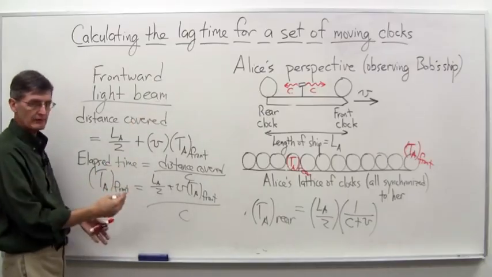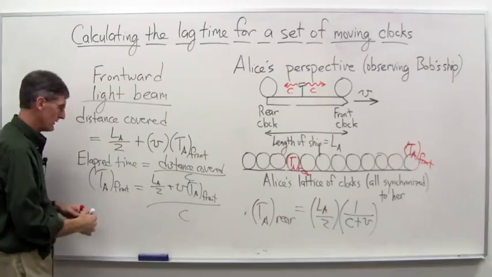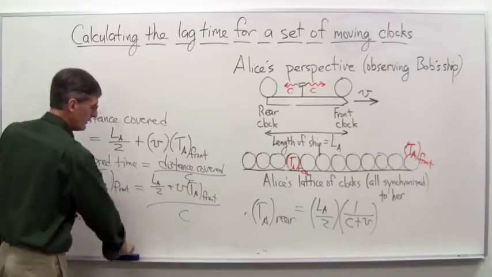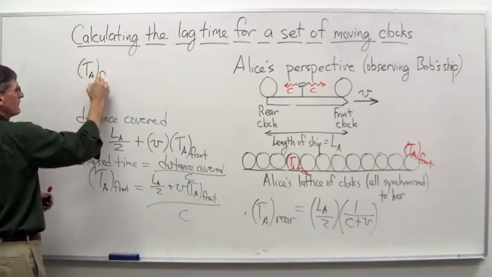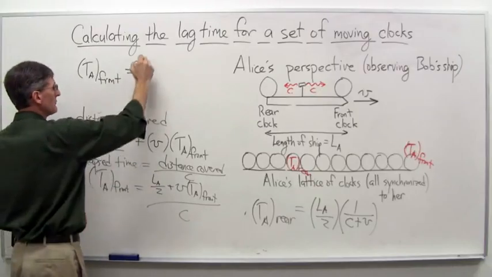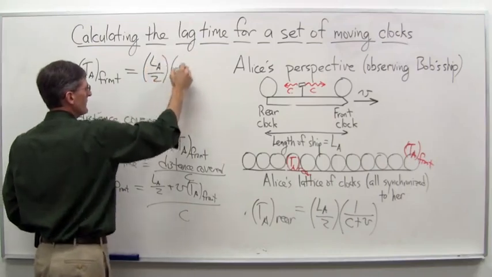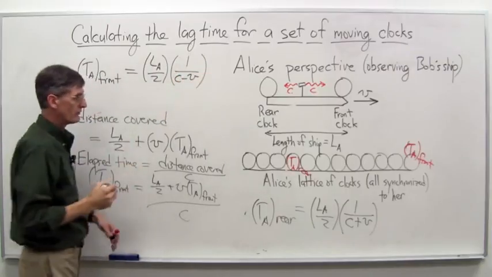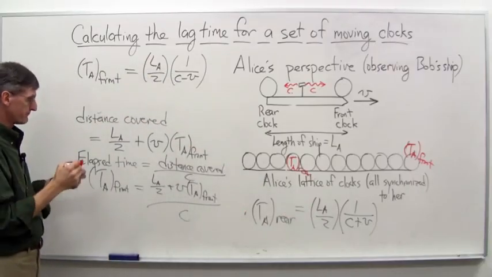And again, you manipulate a little bit, it doesn't take too much algebra, get the TAs on one side, and you will find, we'll write it up here because we'll want to see both of them in a minute, that TA front equals, very similar to what TA rear is, but not quite the same. It's LA over 2 times 1 over C minus V.